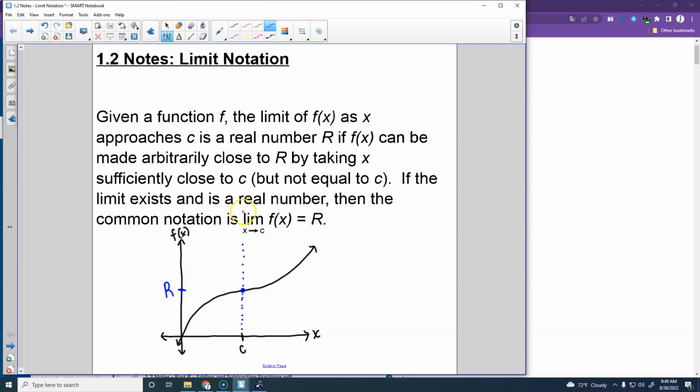So when we see this limit notation, x approaches c, let's highlight some things to correlate them here. This c that we see right here is on our x-axis, right? So we're talking about that x value that you're getting closer to. And then f of x right here, that just means whatever function you're looking at, so that tells you what the graph is.